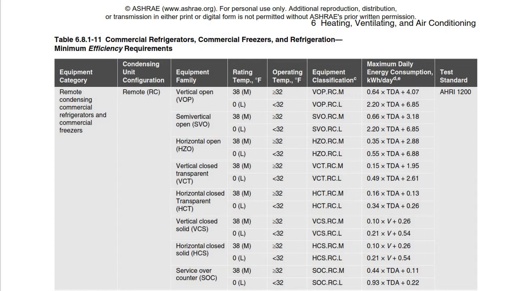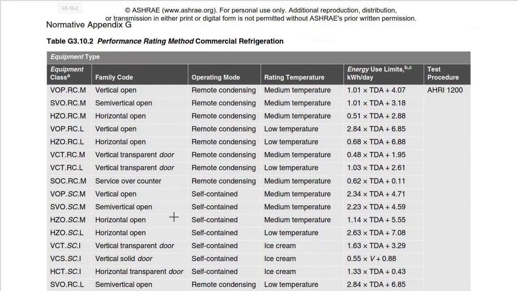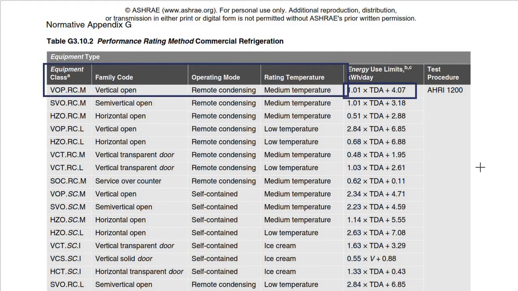As you can see, there's a maximum daily energy consumption for each unit. The baseline table, which is now on the screen, is table G3.10.2, and it provides a baseline value for that same energy use in kilowatt hours per day in various equipment categories, family codes, operating modes, and rating temperatures.